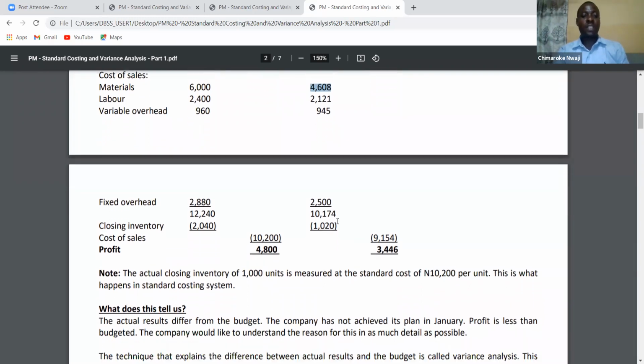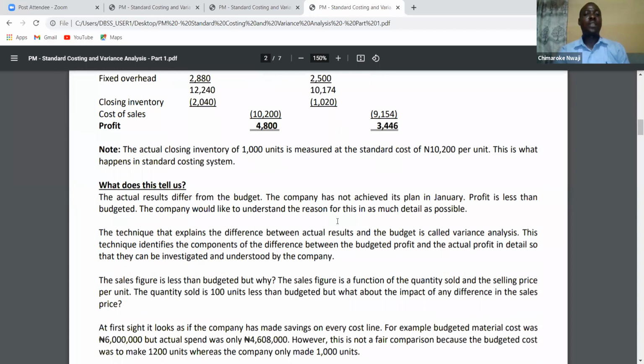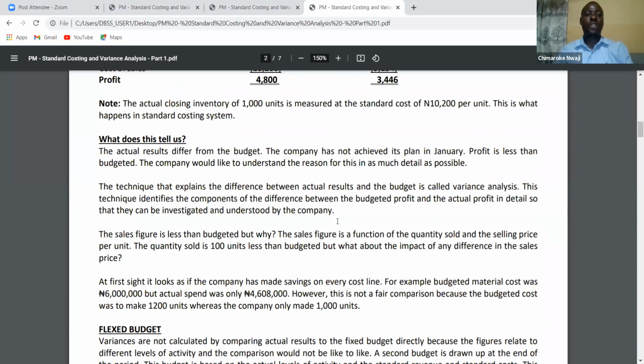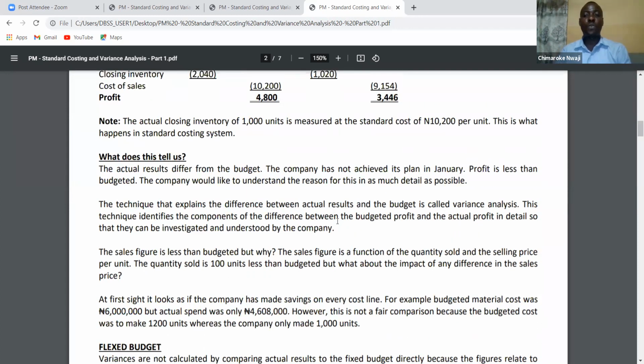All right, so now what does this tell us? This tells us that actual results differ from budgets. Now, the company has not achieved its plan in January. Why? Because the actual profit which we have is 3,446,000, whereas the budgeted profit was 4,800,000.